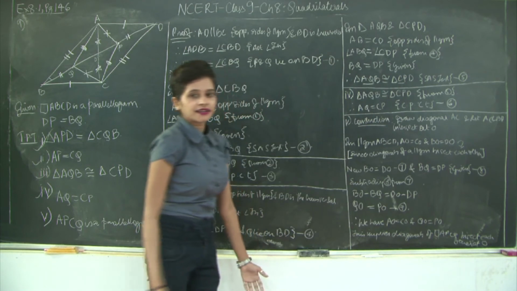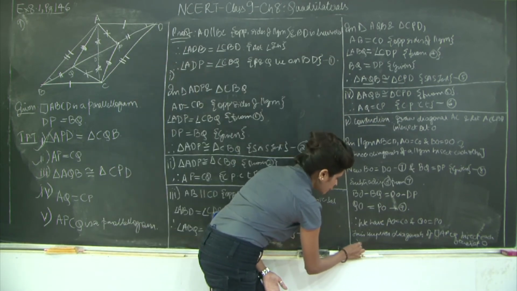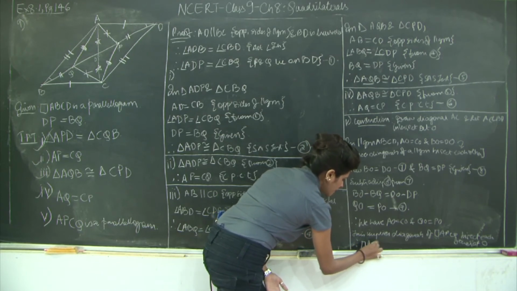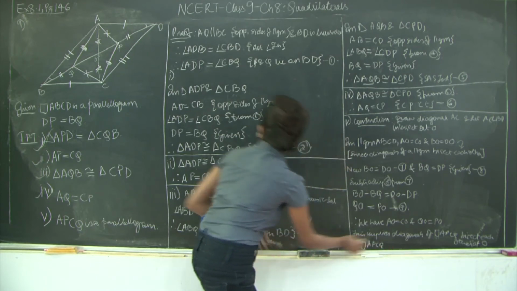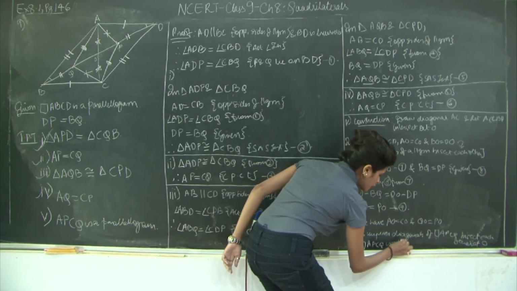Therefore, what can I say? That quadrilateral APCQ is a parallelogram. So, therefore, quadrilateral APCQ, are we following the right sequence? Yes, APCQ is a parallelogram.